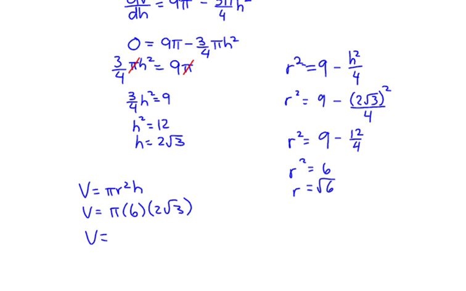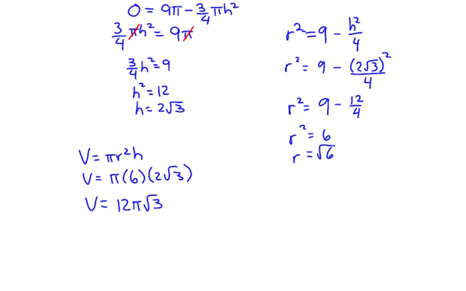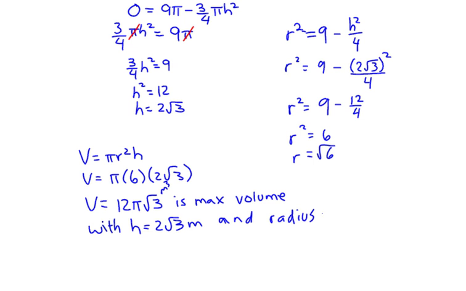So it'd be 12 pi root 3 would be our max volume, with dimensions, with height 2 root 3. What's the units? I should have put that in there. Meters. So this is meters cubed. Meters, and radius, root 6 meters.